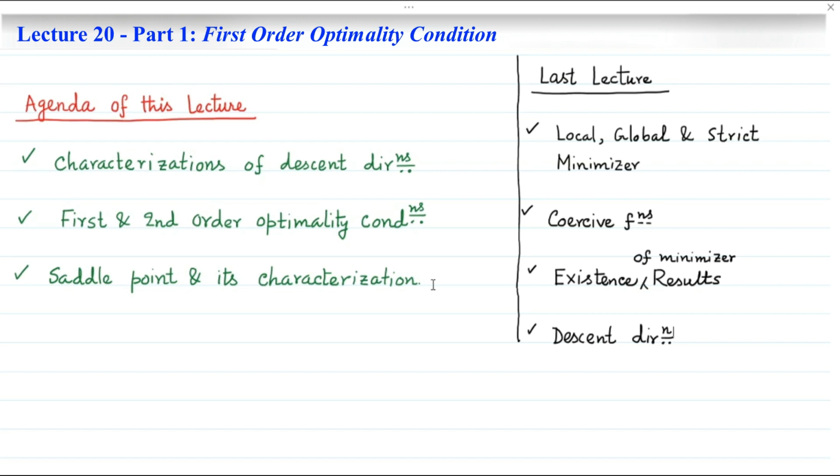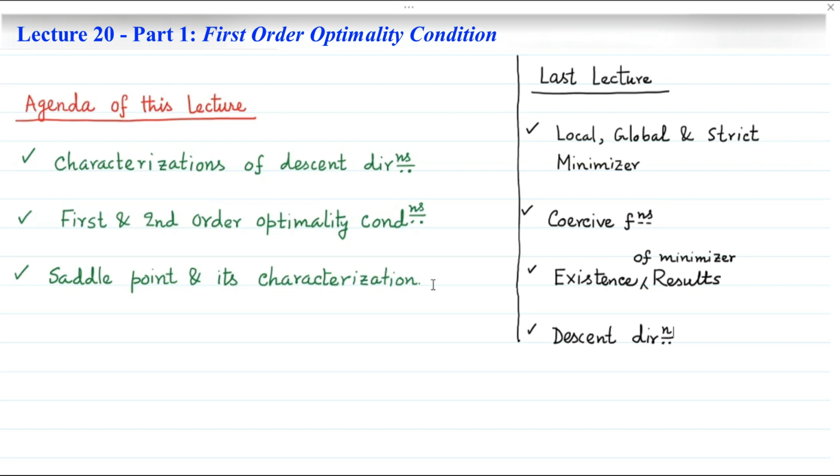And then later on we were thinking to characterize descent direction. Time was off. In today's class we will continue our discussion in the descent direction, where we will start our lecture with first order and second order characterizations of descent directions.